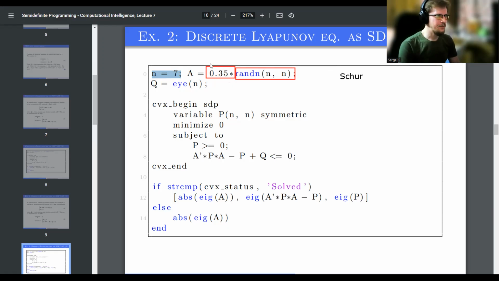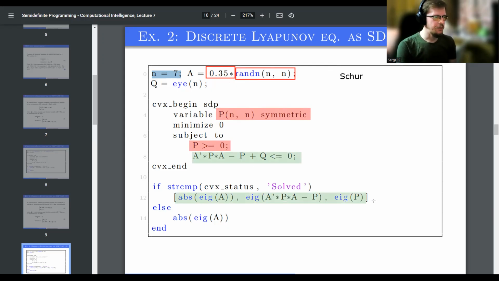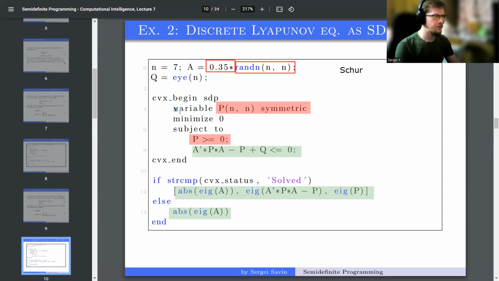Now the rest is exactly the same: variable declaration, positive definiteness on the variable, constraint. We do exactly the same here, allowing us two branches, solved, not solved. Everything is extremely simple. So, same as before. Questions?